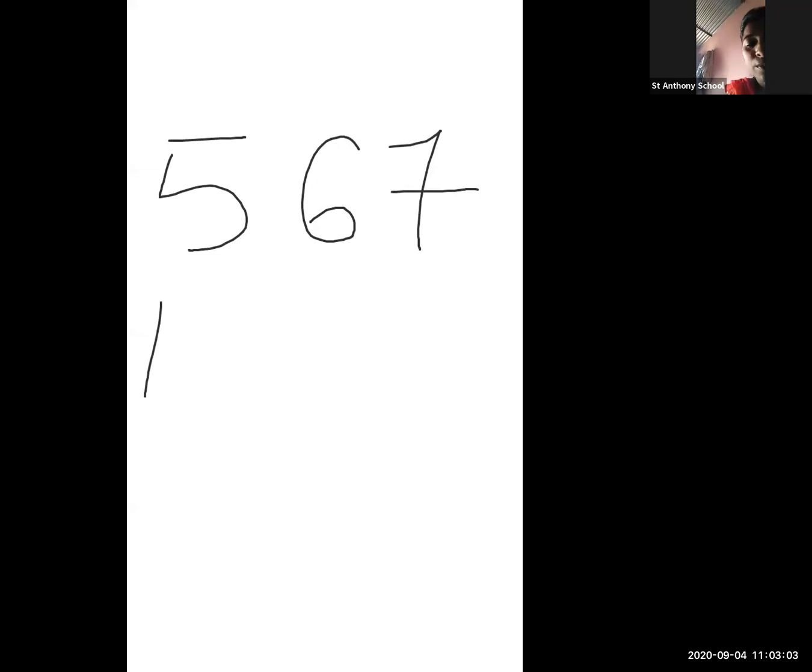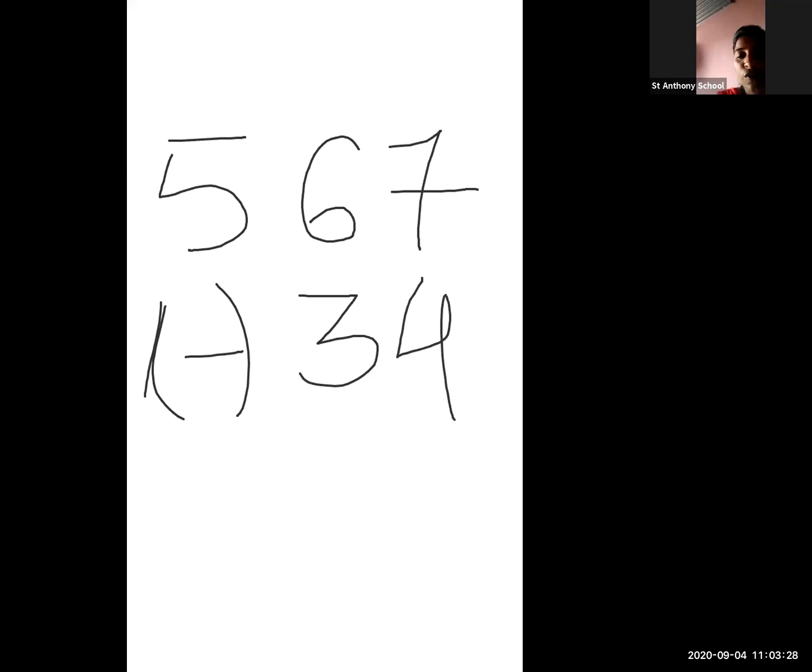Which sign will come here? Tell me, we are going to learn the subtraction chapter, so which sign will come? Addition or subtraction? Good, it's a subtraction sign, the minus sign. Now next, the next number I am going to write here: 3, 4, 34.